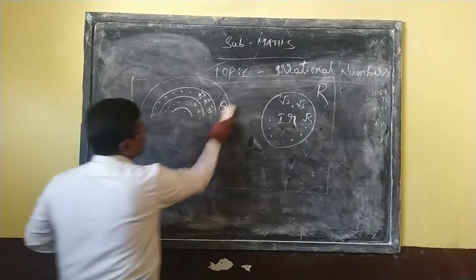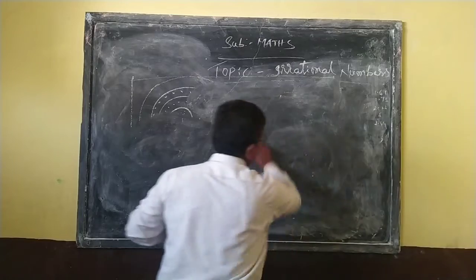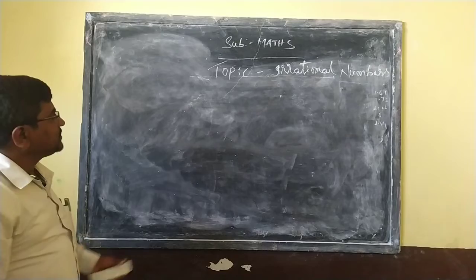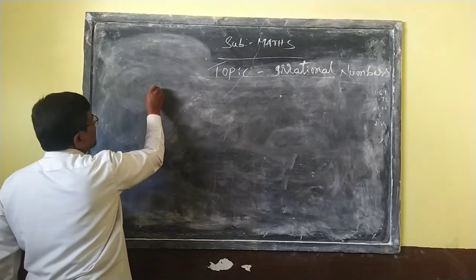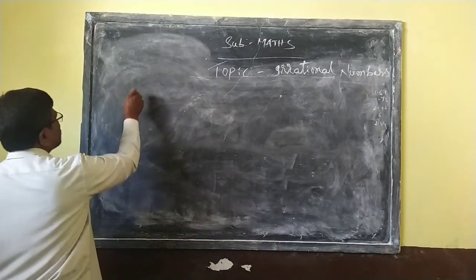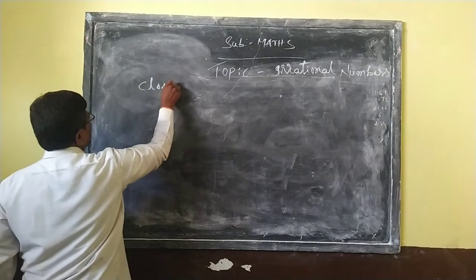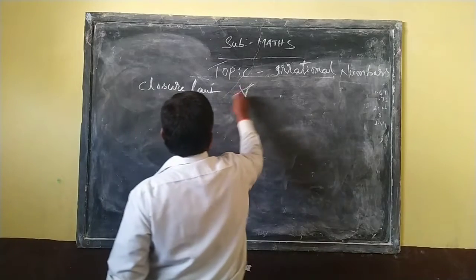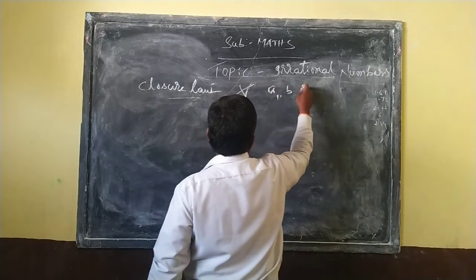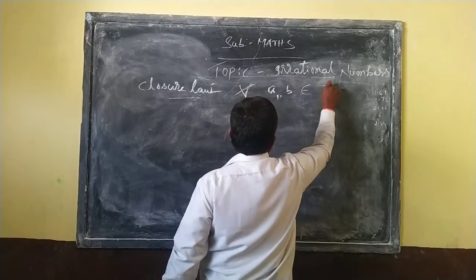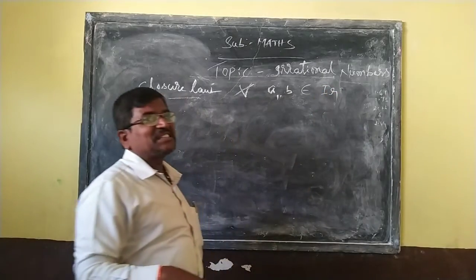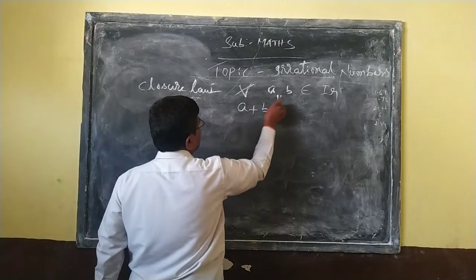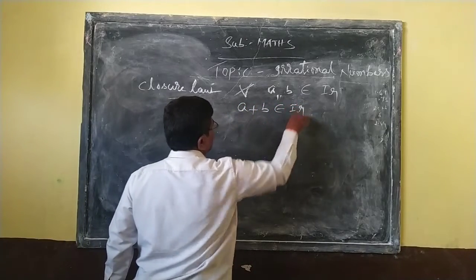Okay, students? Now, for irrational numbers, the first is the closure law or closure property. For all a, b belongs to IR, irrational numbers, here a plus b belongs to IR.